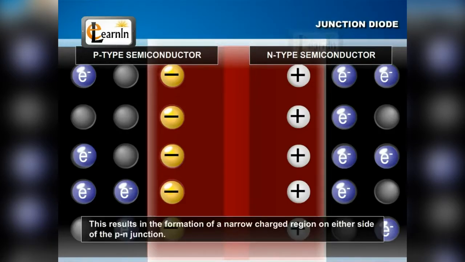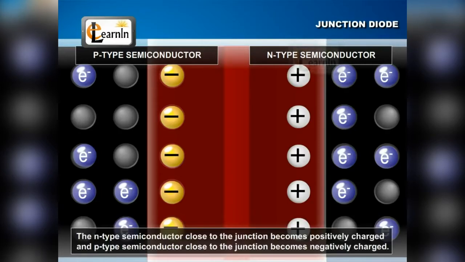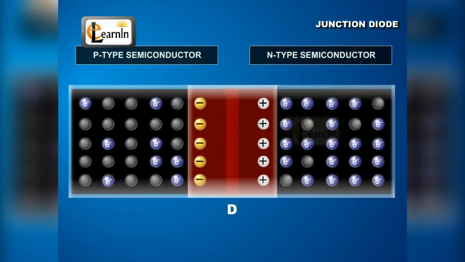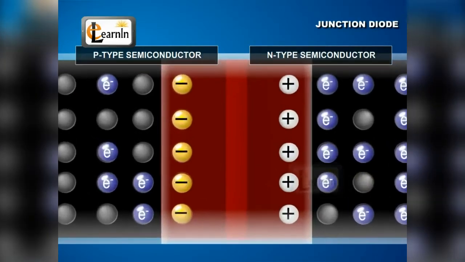This results in the formation of a narrow charged region on either side of the p-n junction. The n-type semiconductor close to the junction becomes positively charged, and the p-type semiconductor close to the junction becomes negatively charged. On either side of the junction, the region D becomes free from mobile charge carriers. That is to say, on the n-type side of D, no free electrons exist, and on the p-type side of D, no holes exist. In the region of D, only immobile donor and acceptor ions exist.